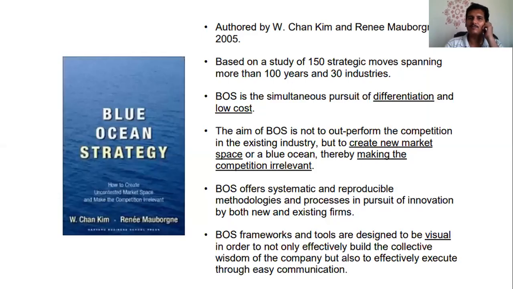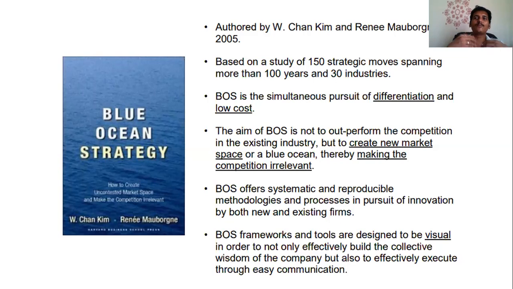First, we'll see what this blue ocean is. This concept of blue ocean is from the book Blue Ocean Strategy by Chan Kim. It is based on a study of 150 strategic moves spanning more than 100 years and 30 industries. Blue ocean strategy is a simultaneous pursuit of differentiation and low cost. Whenever an entrepreneur comes in with a product, they are looking for either differentiation or low cost.